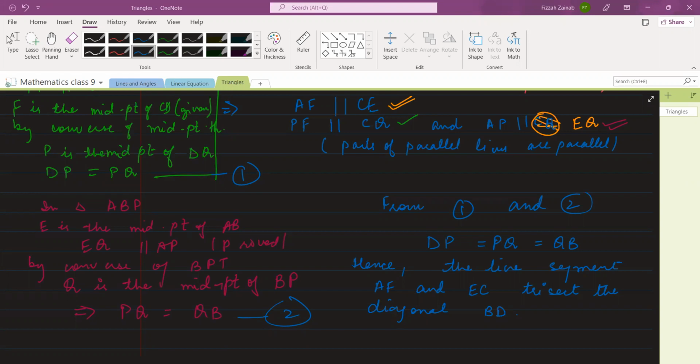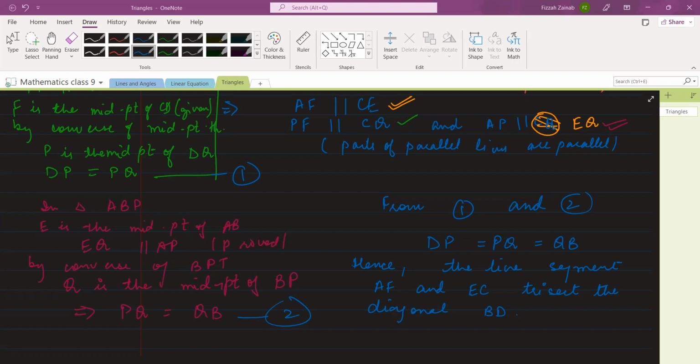You must have done it in school. Anyway, lines and angles I have done, right? And then triangles is also over. Now quadrilaterals is over. Then areas of parallelograms and triangles is remaining. Then circles we have not done, right? Yes, ma'am.